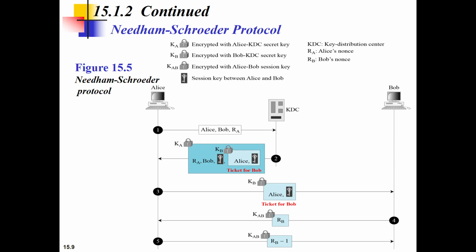This uses a nonce. Basically, a nonce is a random number. So, using a nonce, we can avoid replay attacks. However, the Needham-Schroeder protocol is again vulnerable to a man-in-the-middle attack, which has been discussed in class.